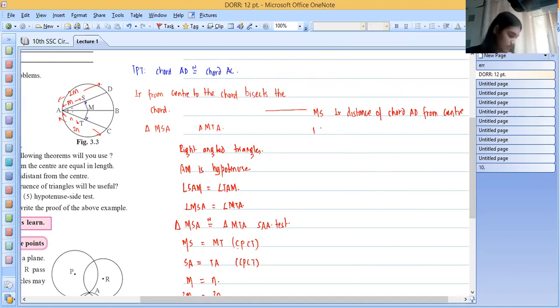And MT is the perpendicular distance of chord AC from the center of the circle.